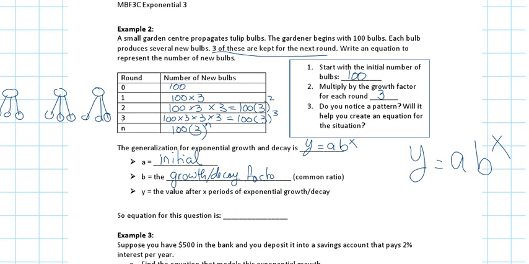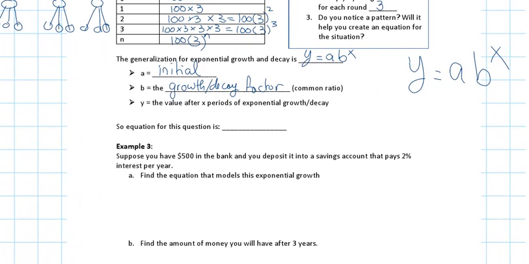And y is the value after x periods of exponential growth. So the equation for this question is y equals 100 times 3 to the power of x.